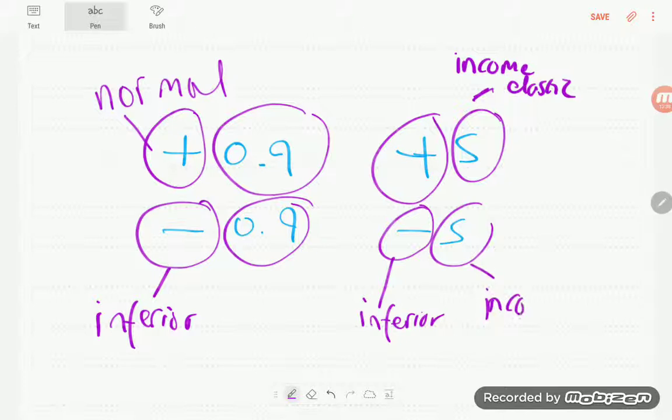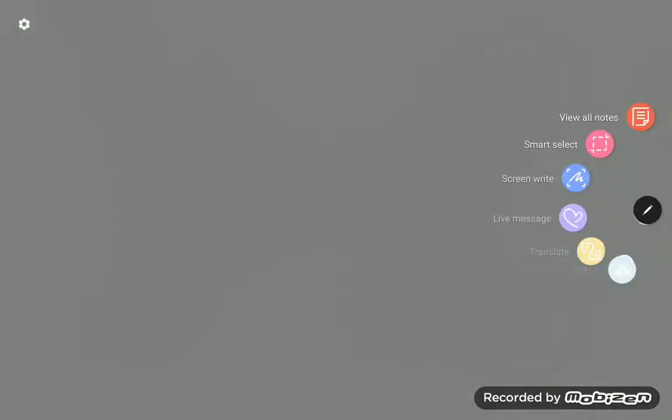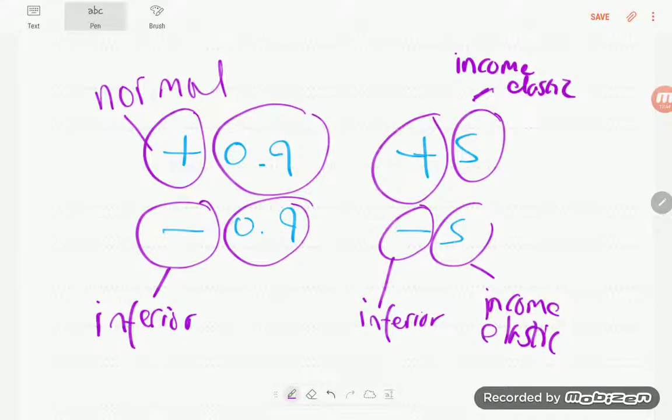And that one was 5. Now, some students would go, well, minus 5 should be simply inferior and income inelastic. That's to confuse the issue. Look, if you take that out, 5 is more than 1. So it's income elastic with an E.